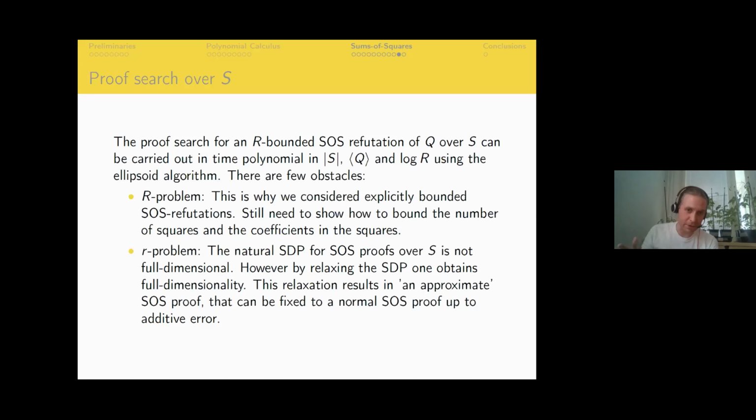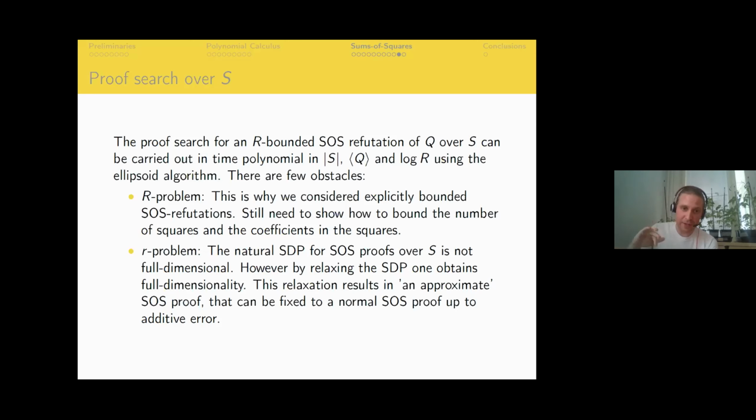So we have, okay, I have big R in two meanings here, but the big R in the promise of the ellipsoid algorithm. So we have this bound for the coefficients in the lifts of the axioms, but we still need to bound the number of squares and the coefficients in the squares. Okay, so that we get a small enough initial ellipsoid to start with.